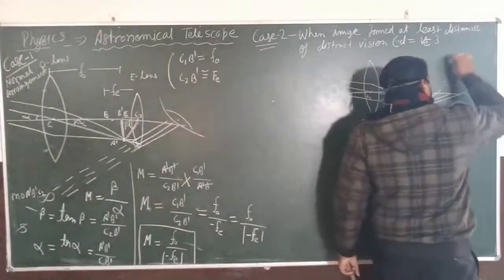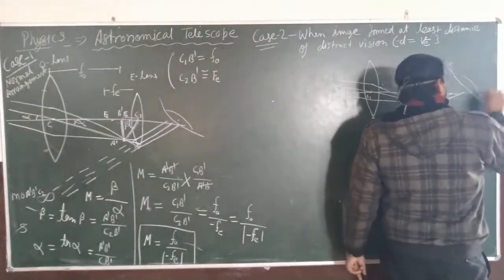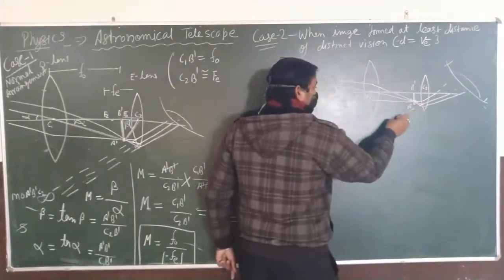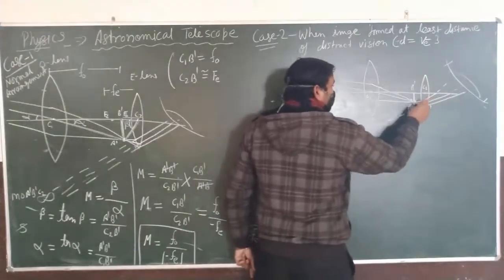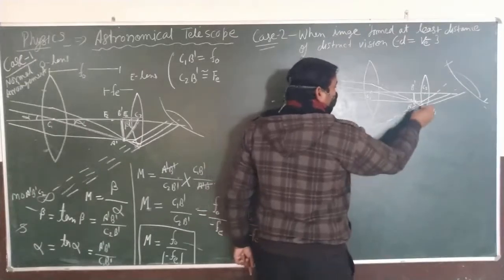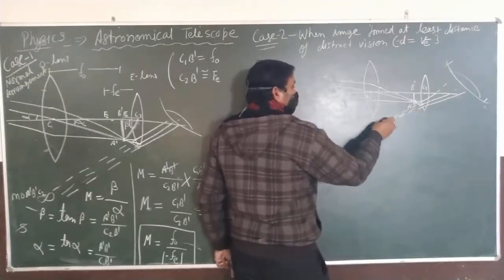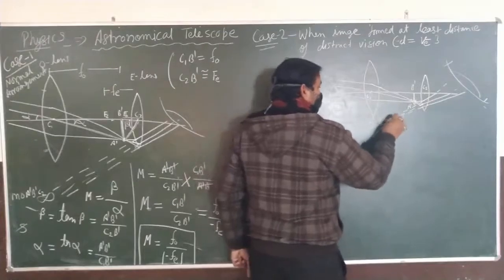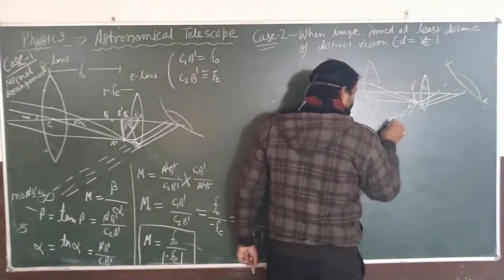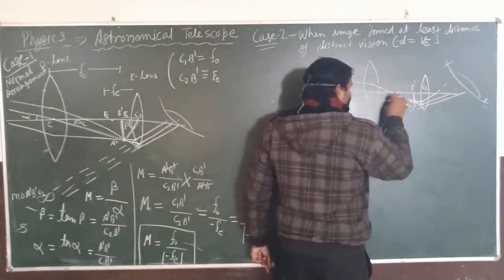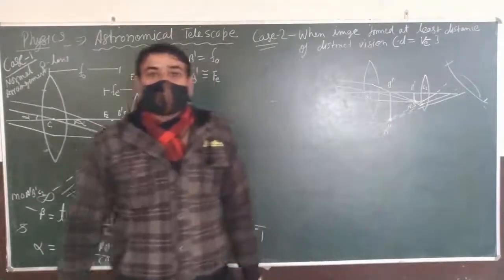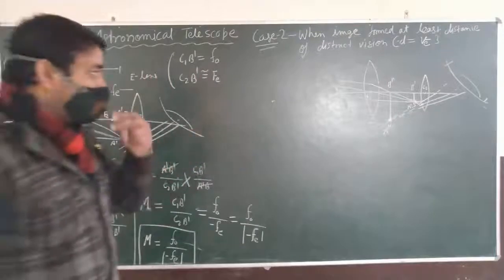So, an observer can see all the rays, then one is traveling here, another is intersecting at this point, and the last one is also passing through this point. Therefore, this is the image formed A double dash B double dash by the eyepiece, which is at the least distance of distinct vision.